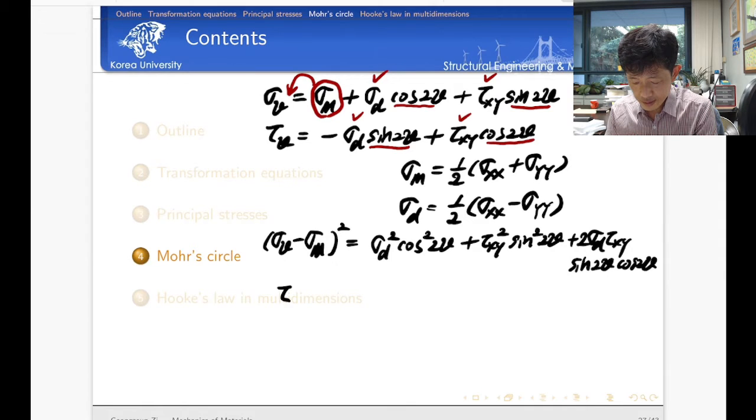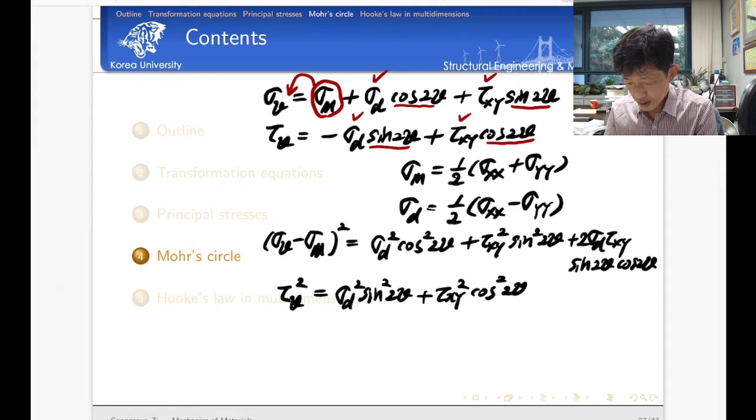If you square both sides of the second equation, we have sigma d squared sine squared 2 theta plus tau xy squared cosine squared 2 theta, and then I have a cross term. It's not plus, it's minus 2 sigma d tau xy sine 2 theta cosine 2 theta. Alright, so let's add these two equations together.